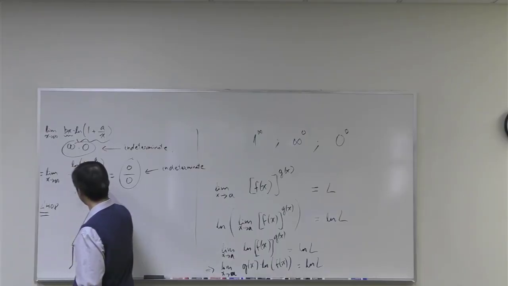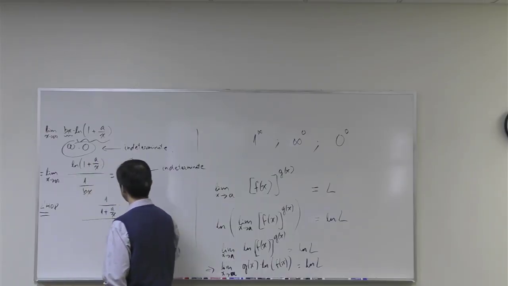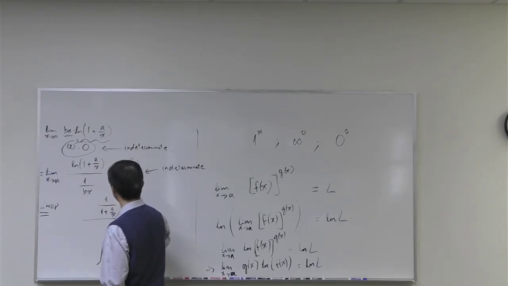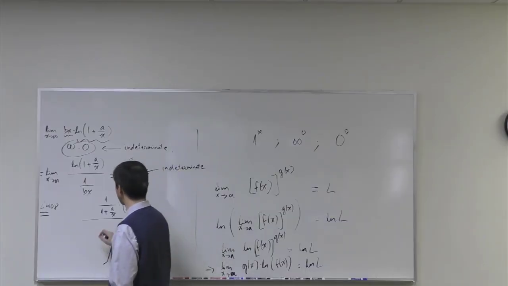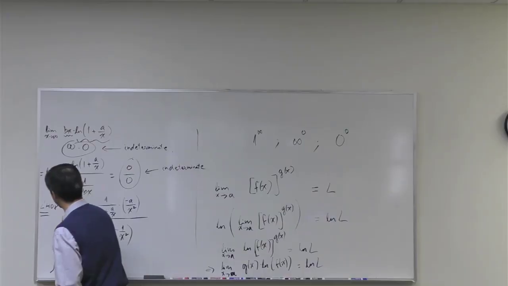I can take the derivative both top and bottom, so it gives me 1 over 1 plus a over x, right? And I'm multiplying with the derivative of the inside. The derivative of the inside here is just minus a over x squared. And then the denominator gives me 1 over b times a 1 over x squared as well. Limits, x is going to infinity.